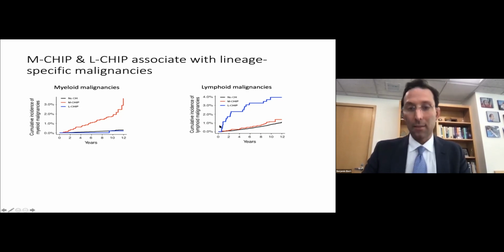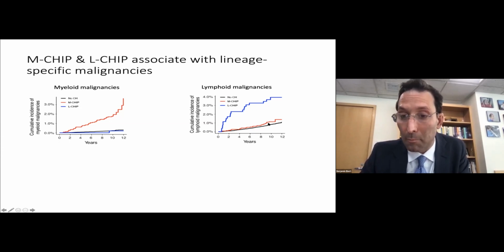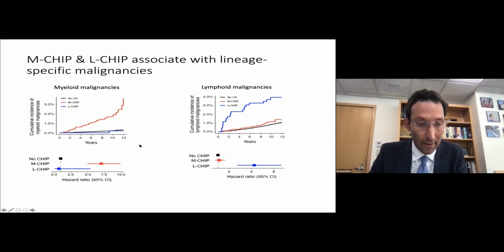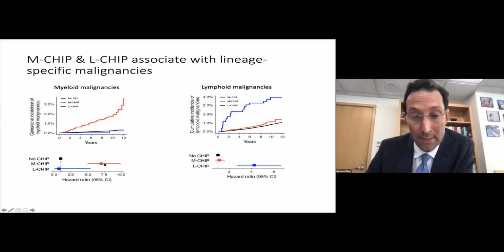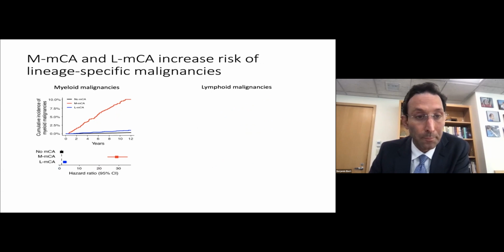In contrast, those with lymphoid CHIP, or lymphoid malignancy associated mutations, have an increased risk of lymphoid malignancies, but a minimal or no increased risk of myeloid malignancies. And that corresponds to a very consistent hazard ratio of between 5 and 10 for myeloid malignancies, as well as a hazard ratio of about 5 for lymphoid malignancies.